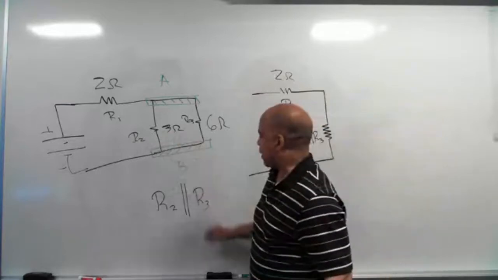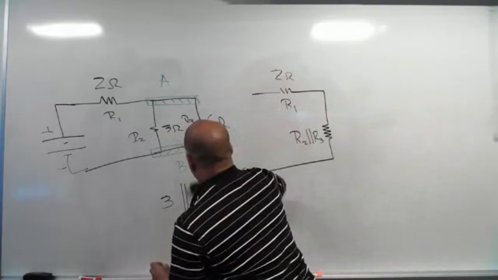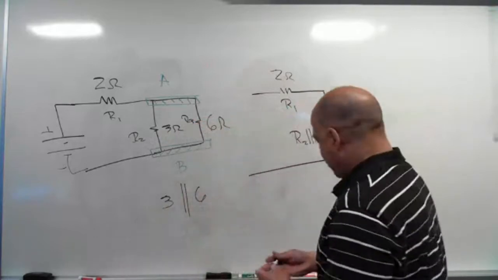Now, what is R2 parallel R3? What is 3 parallel 6? Do the math for that and tell me what it is.